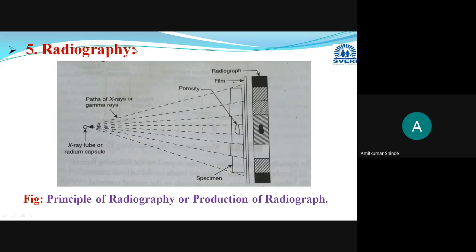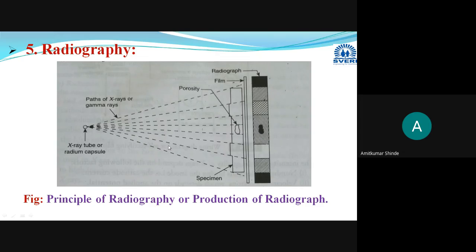In this, I have explained how we are going to detect the defect. Whenever a defect is there, these waves penetrate the component, and where the defect is present at that particular spot, absorption of that wavelength will be very less.